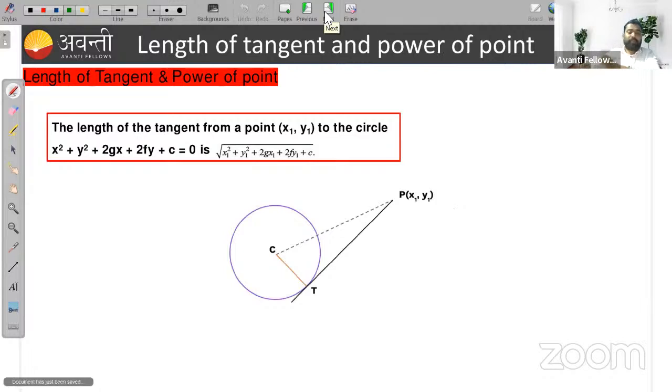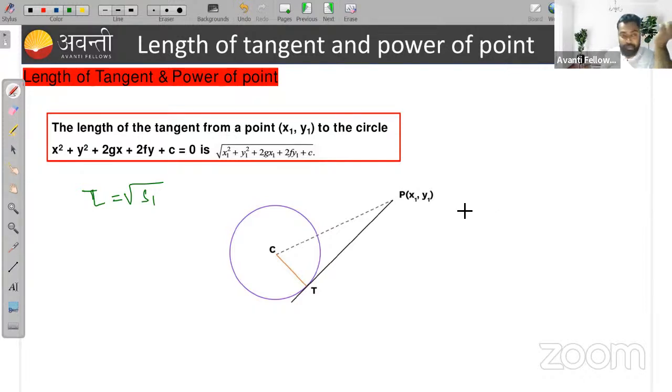Next, length of the tangent. If the circle is in the general form, x square plus y square plus 2gx plus 2fy plus c is equal to 0, here also use the same method. Length becomes root of S1, right? Put the given point in the left hand side of that equation of circle, and what we get represents the square of the length of the tangent.